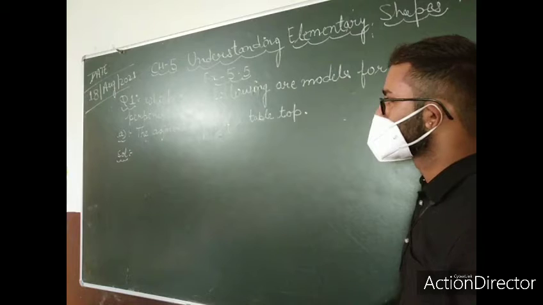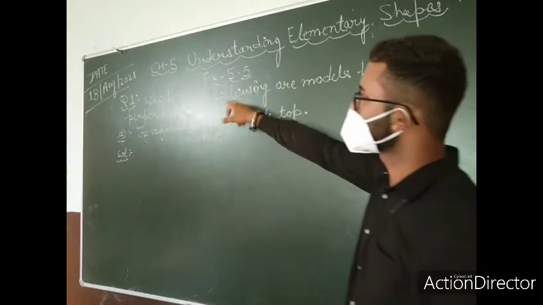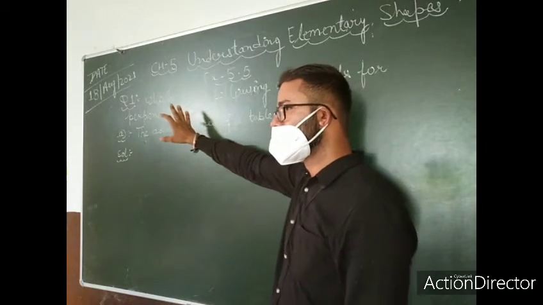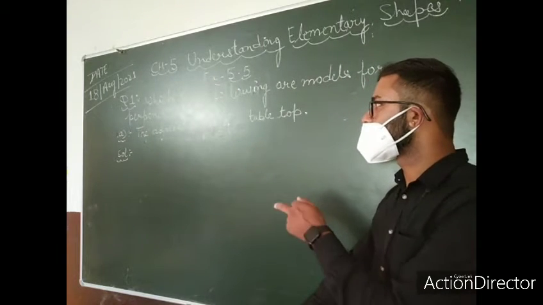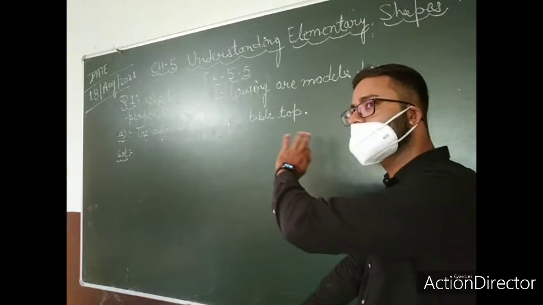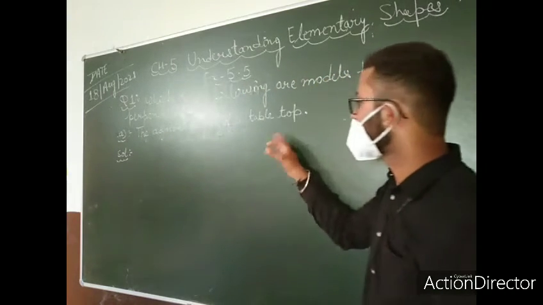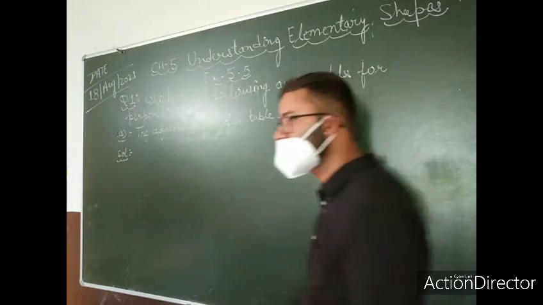Here we discuss out of all these options which ones show perpendicular lines, right? So the adjacent edges of a tabletop, these two edges are perpendicular to each other, right?